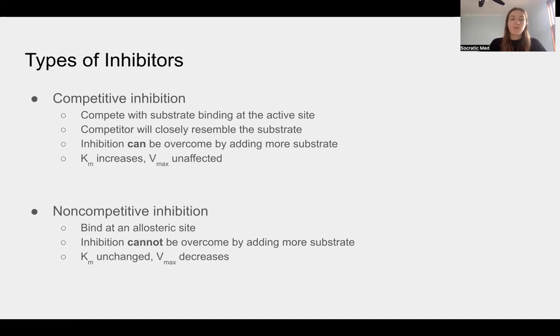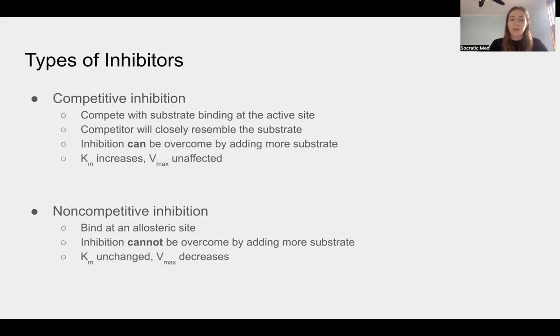Non-competitive inhibition is where your inhibitor will bind at an allosteric site. So the structure does not have to be anything like your substrate. It can be anything as long as it fits into that allosteric site. Inhibition here cannot be overcome by adding more substrate, simply because they're not competing for the same spot.